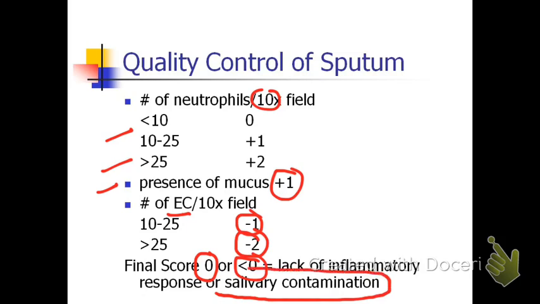It is just a saliva, or there has been a salivary contamination. So you reject the specimen, you do not give interpretation, you ask the patient to recollect, because you cannot properly diagnose the specimen if it's just a saliva sample. Instruct the patient how to properly collect the specimen.